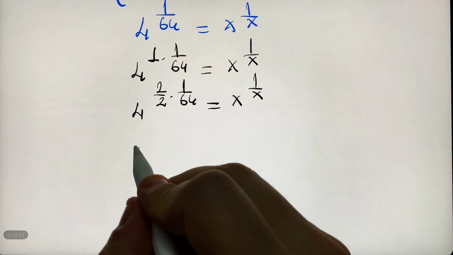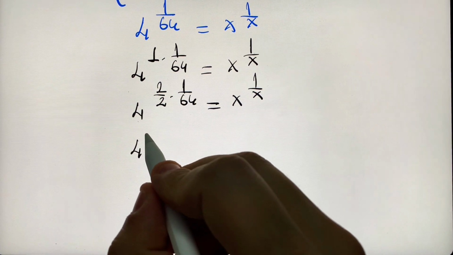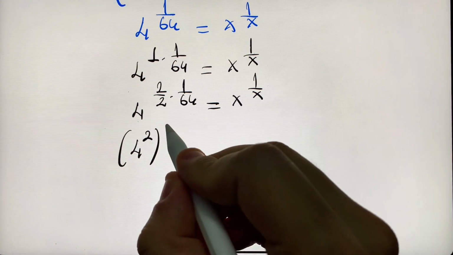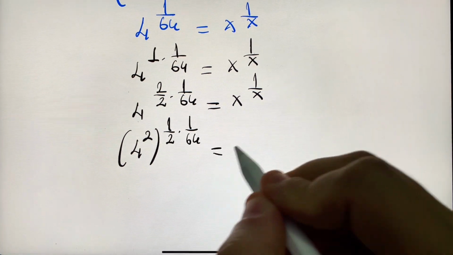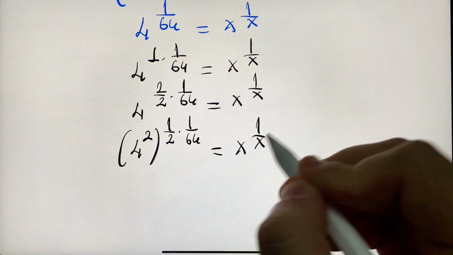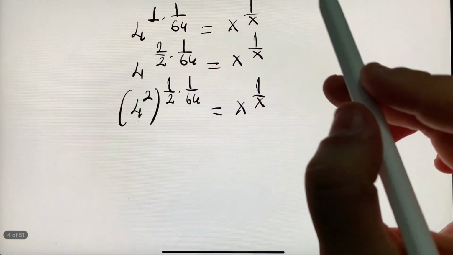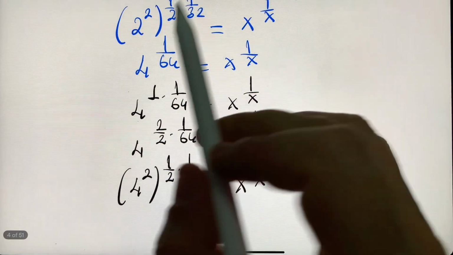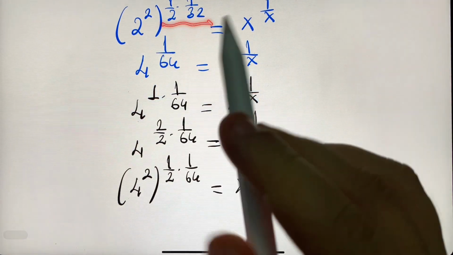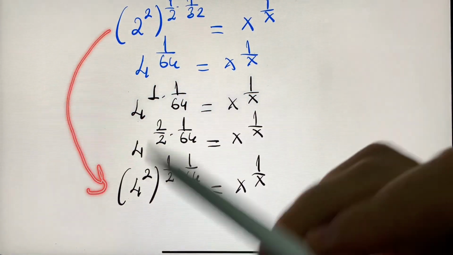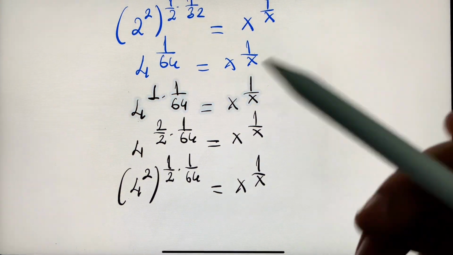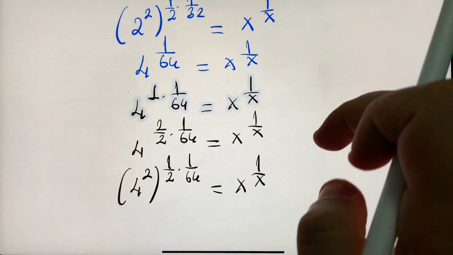Now what will happen next? 4 squared, 1, 2 times 1/64 is equal to x to the 1 over x. If you pay attention, see the section above. I applied them; look at this part. I'm in the process right now. I will continue this until I get what I want.